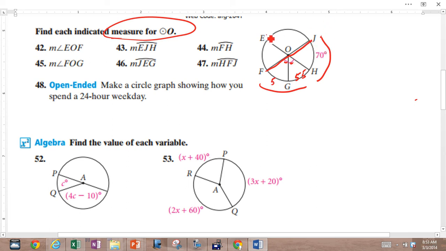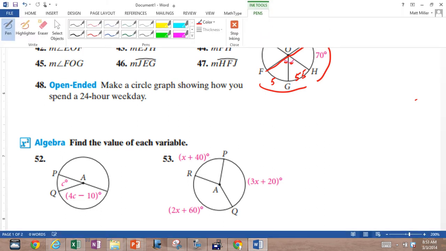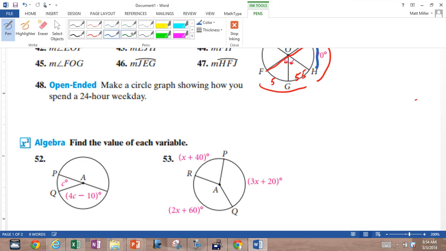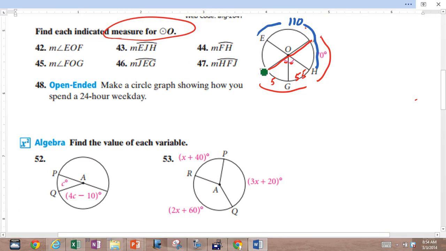Along here we have another semicircle. Maybe do a little change of color just to highlight it. Here's another semicircle right along here. That was 70 degrees, so this is 110. And another semicircle here in green, right along here.